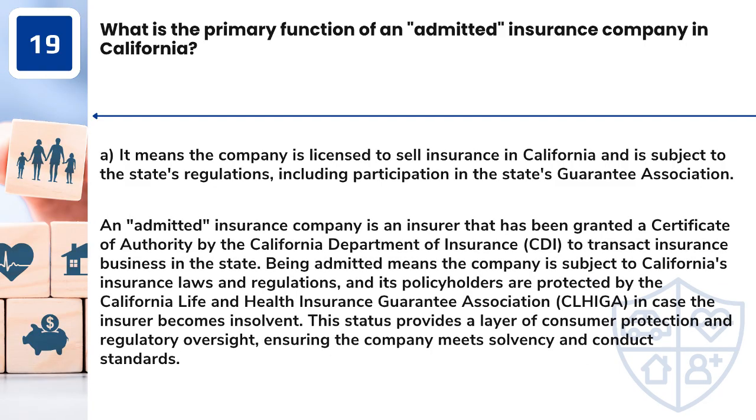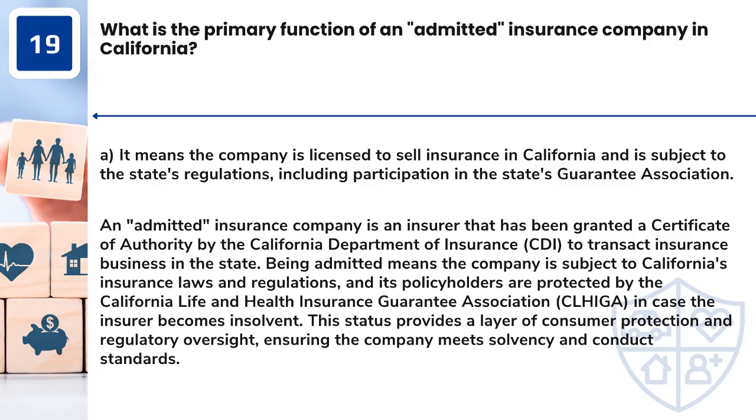Answer: A. It means the company is licensed to sell insurance in California and is subject to the state's regulations, including participation in the state's guarantee association. An admitted insurance company is an insurer that has been granted a certificate of authority by the California Department of Insurance, CDI, to transact insurance business in the state.